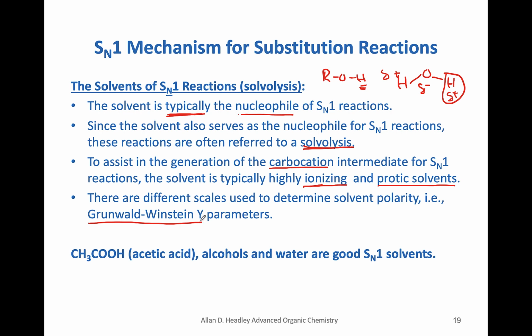So if you have to pick a good ionizing solvent for an SN1 reaction, you can look at this table and determine which has a better Y parameter for this reaction. But in general, acetic acid is a good protic solvent, alcohol is a good protic solvent, and of course, as we have seen before, water is a good protic solvent for SN1 reactions.